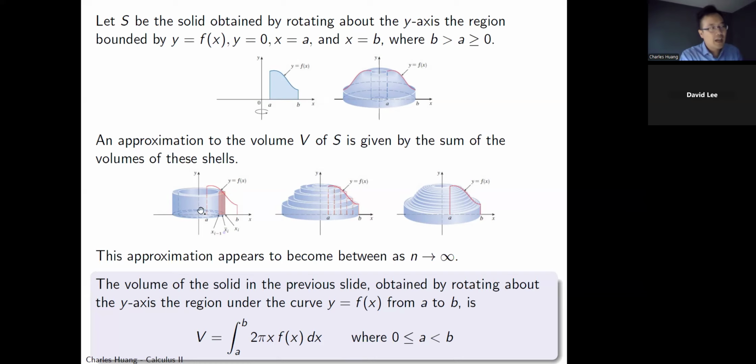It tells you how long this thing is going across. Times f of x, that's the height. Times dx, that's the thickness. So that's the three sides: circumference, height, thickness. And we're going to do an integral like this.